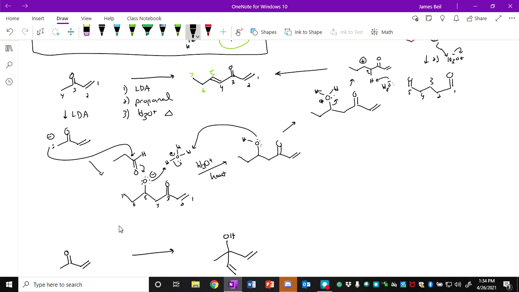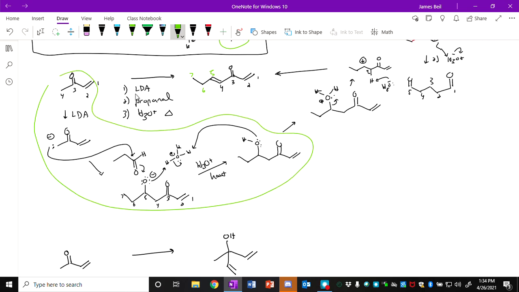Right, so this is basically an aldol reaction to get to here. That's these first two steps, aldol reaction, followed by an elimination of the OH.